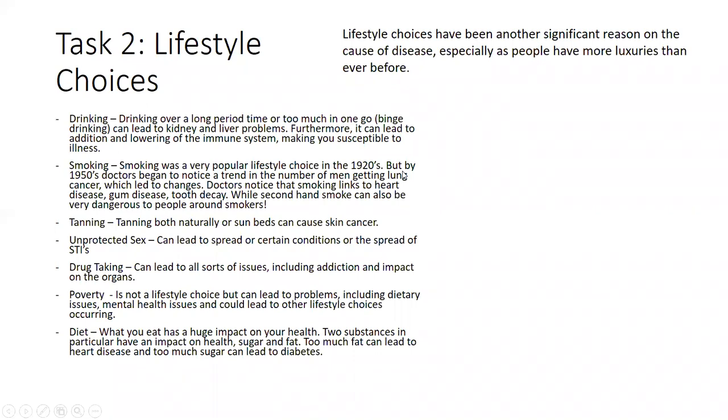Now, moving away from genetic disorders and genetic understanding, the next reason why people are getting ill in the modern period is because our lifestyles have changed. People have more access to more things than they ever have done before. And this leads to conditions. So development of the cause of disease is beginning to be linked to our lifestyle choices.